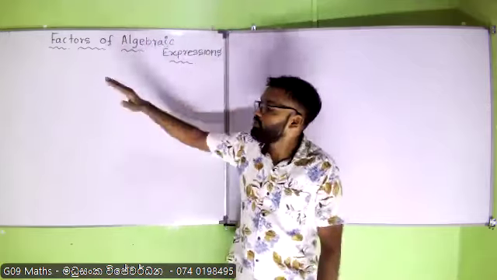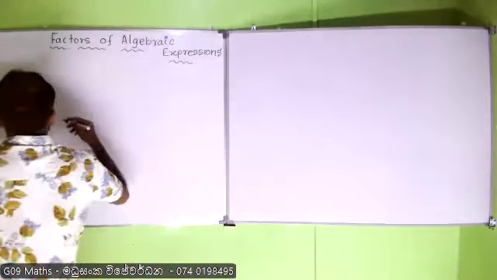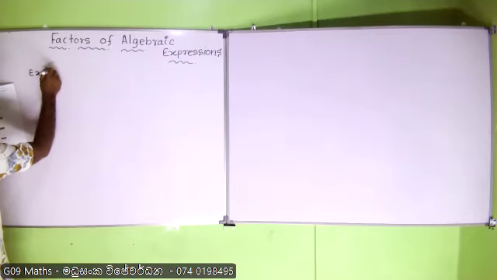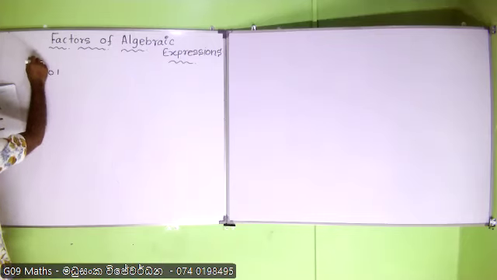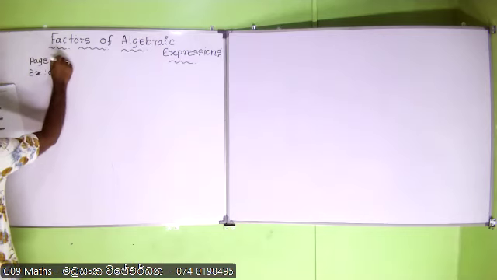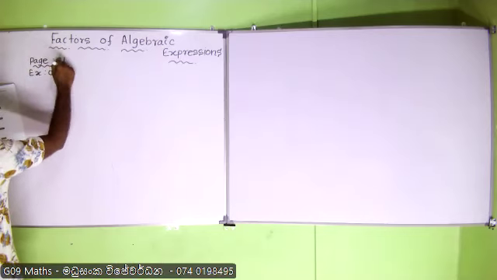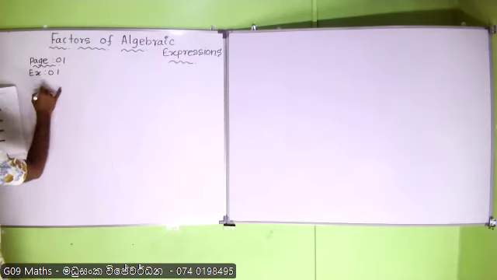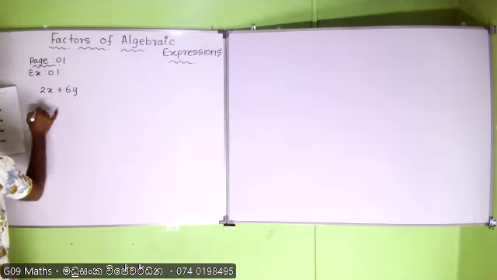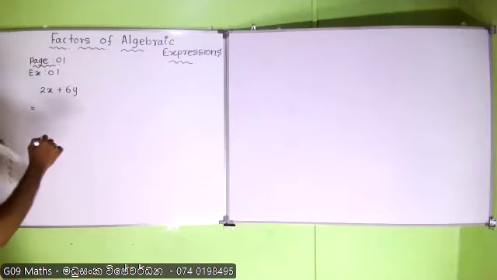Okay, let's do this. Example number 1, page 1. Here you have 2x plus 6y. You know how to factorize this.